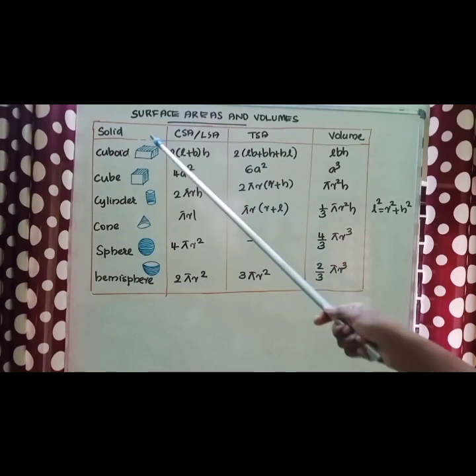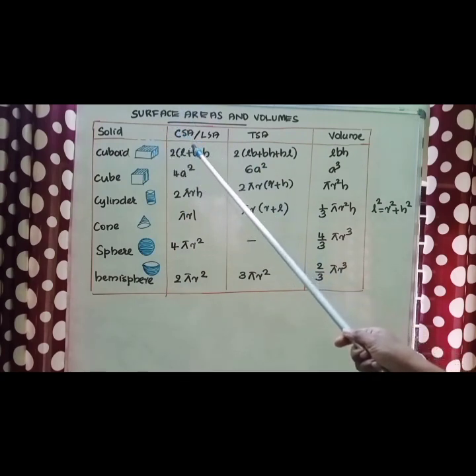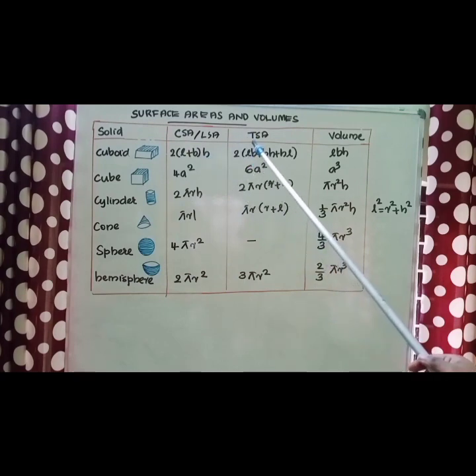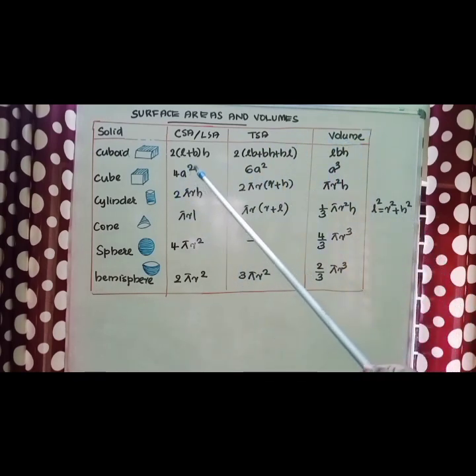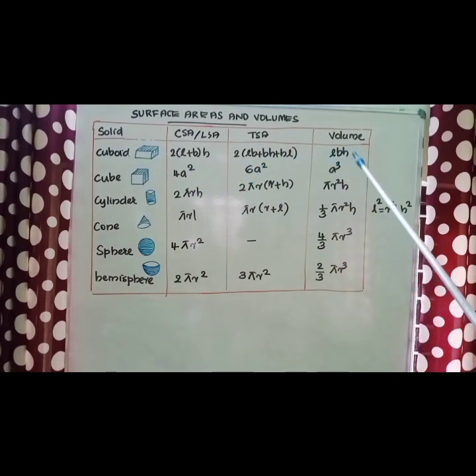The formulas: cuboid LSA 2(L+B)H, TSA 2(LB+BH+HL), volume LBH. Cube LSA 4A², TSA 6A², volume A³.